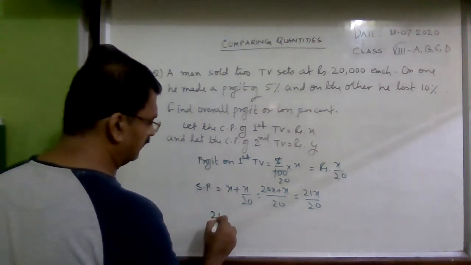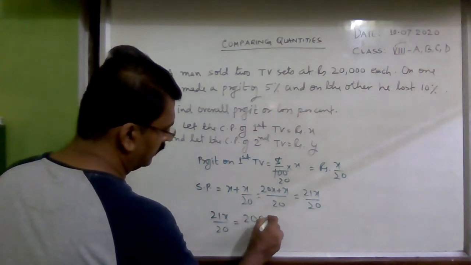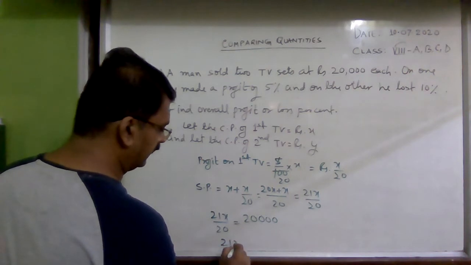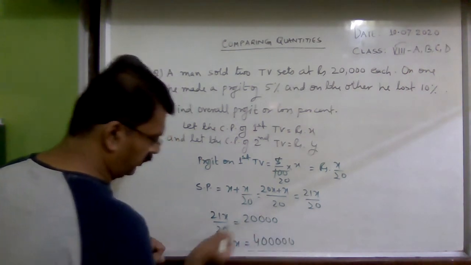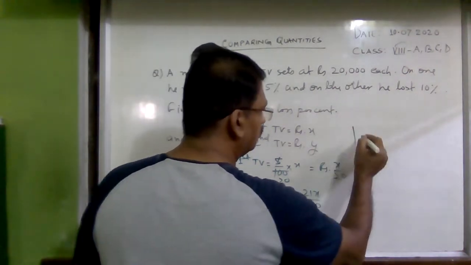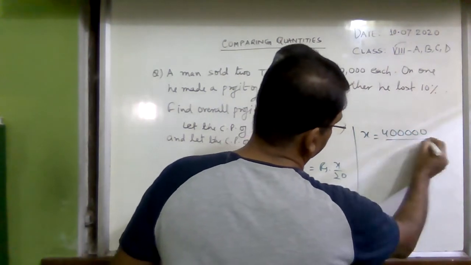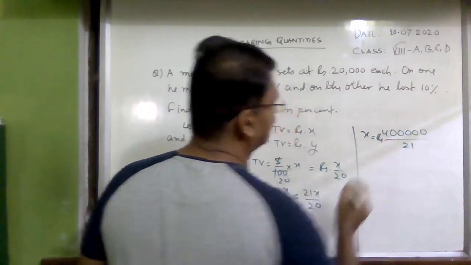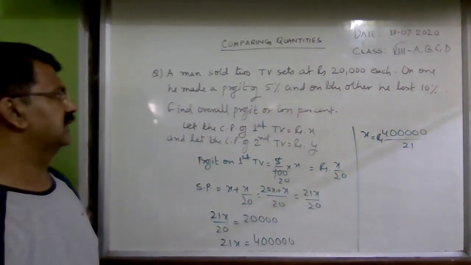That means 21X by 20 is equal to 20,000. 21X is equal to 4,000,000 if you cross multiply. So X is equal to that, the cost price of the first TV.